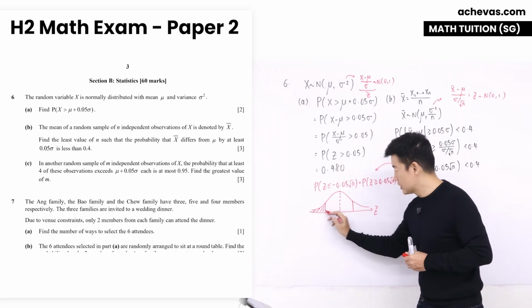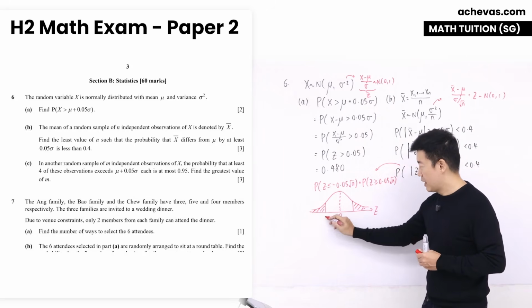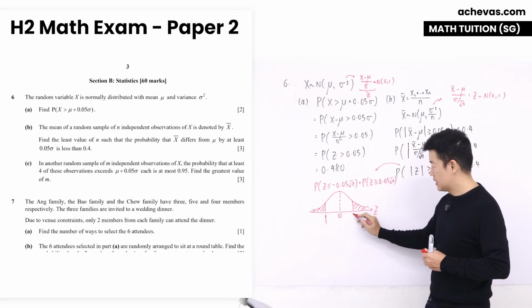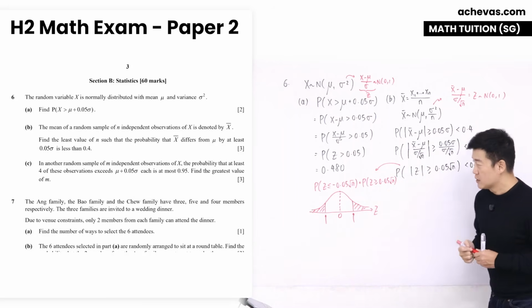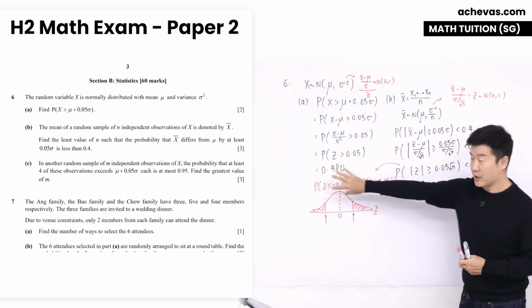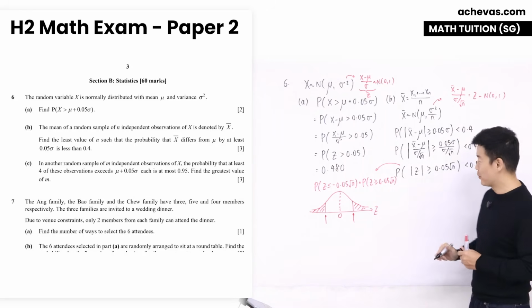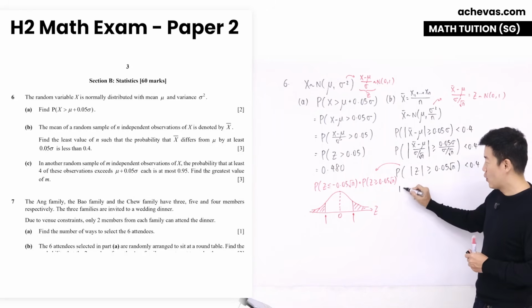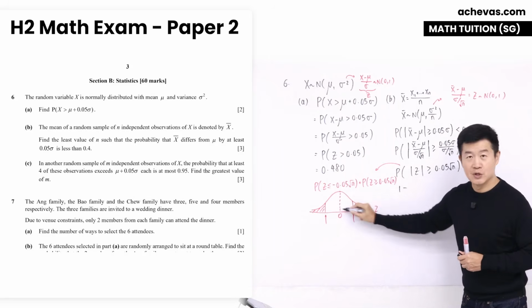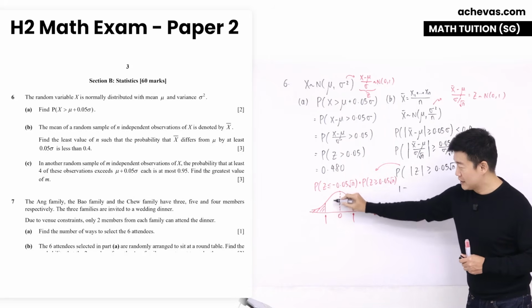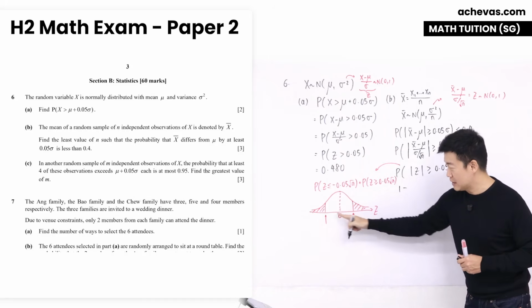So we are looking at this region here, where this value is this, and this other value is this. So we can definitely replace this with this, which is totally fine, or we can also do a small little improvisation by taking 1 minus this region, 1 minus the probability that z is between this and this.